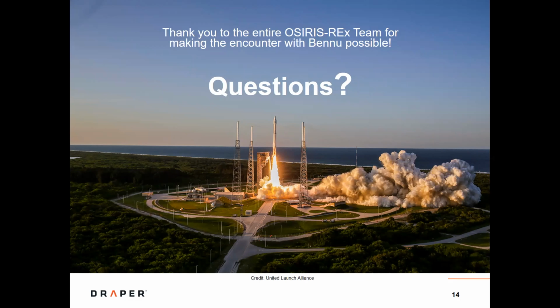Sure. So the features were defined from all the orbital images that were collected over the 2 years. There's a whole suite of science cameras on board the spacecraft with different fields of view, collecting images at different resolutions.